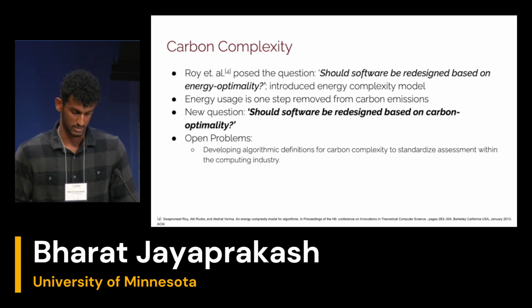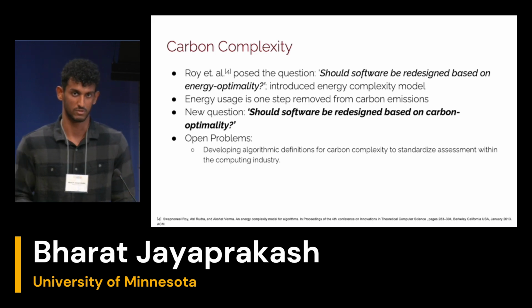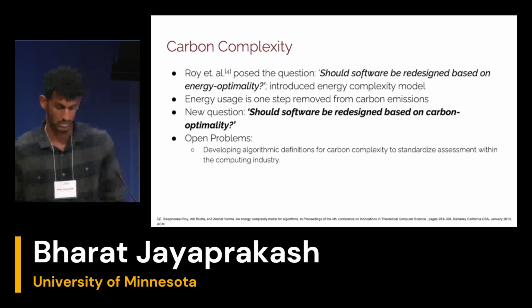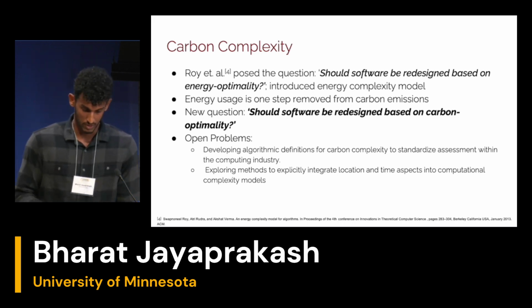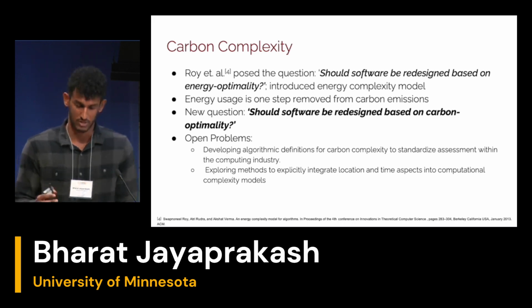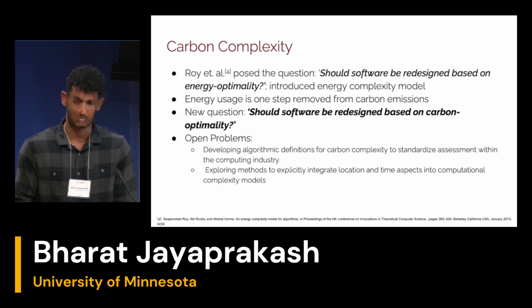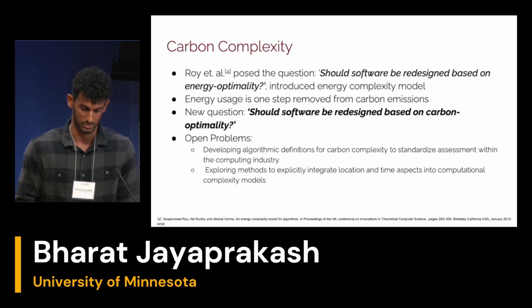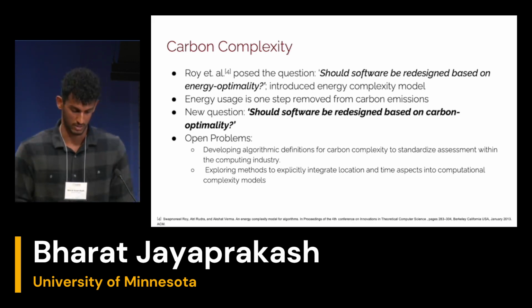Such a definition could potentially be very helpful, especially for comparative analysis and to determine which algorithm is better based on energy and which is better based on carbon cost. We also think that exploring methods to explicitly integrate location and time aspects of the spatial and temporal dependencies of the emissions into the computational complexity model is what's ultimately going to help us get a more accurate model of the algorithms.